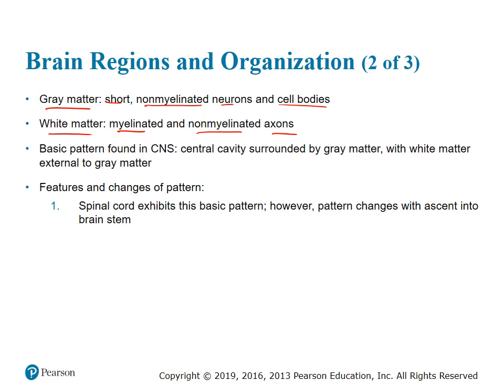So here, you do have a pattern in the CNS. Not only in the brain, but in the spinal cord, where you're going to have a central cavity surrounded by gray matter, with white matter and then gray matter again. That's kind of how it's put together, even though there are different amounts of each one.